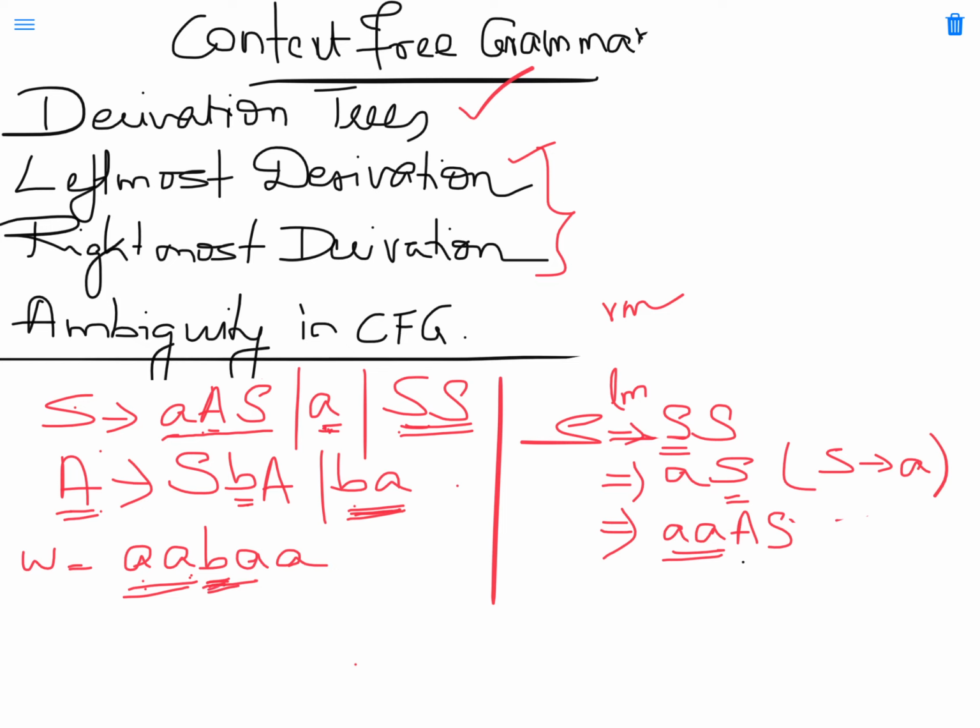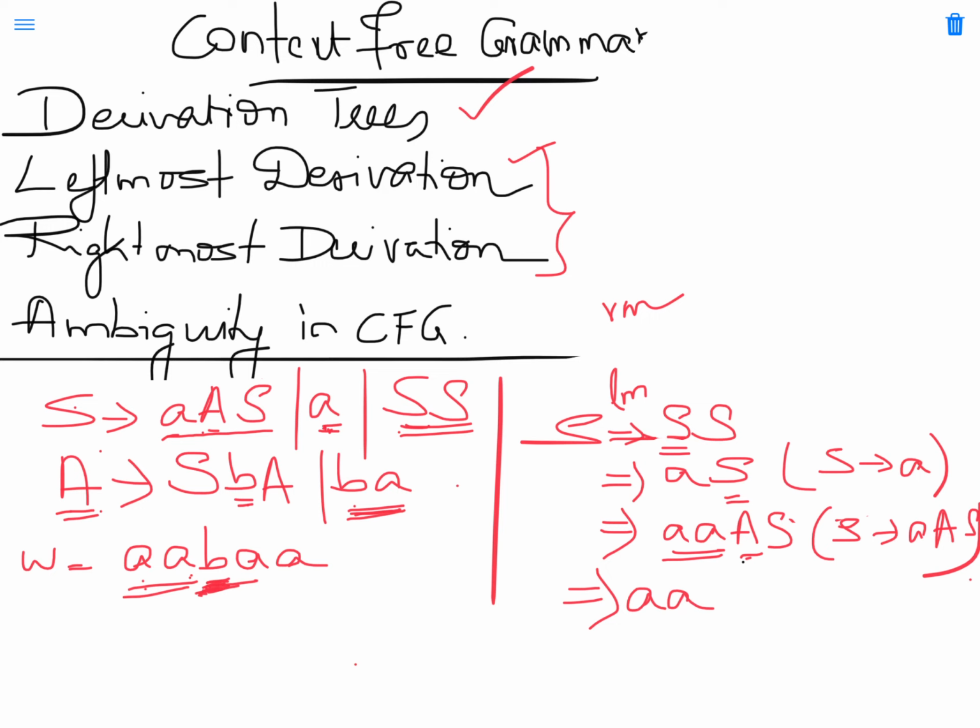Now for the third terminal, you have applied S gives AAS. Again, the third symbol is B. In order to get the B symbol, what do you have to expand? The non-terminal A. Which non-terminal can you choose to expand?